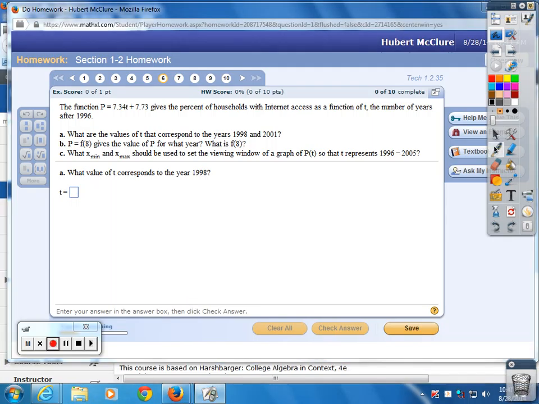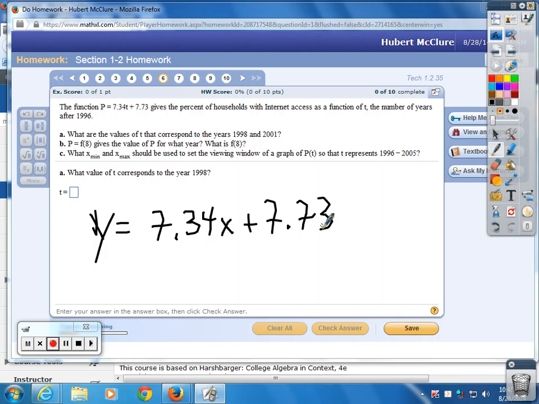So, all right. So y is equal to 7.34x plus 7.73. I'm just writing it in terms of x and y to make it easier for you. If you don't like that, then I'm sorry. You can do it your way on your paper. That's fine.